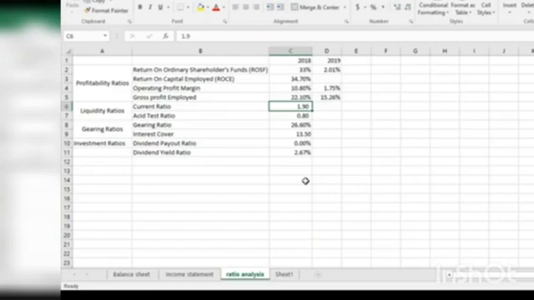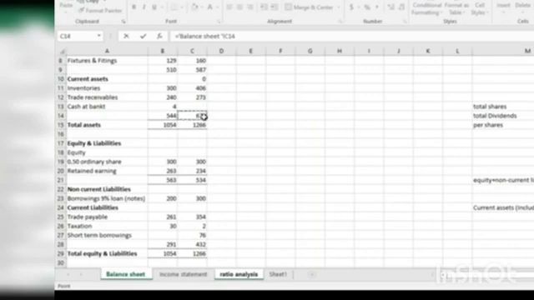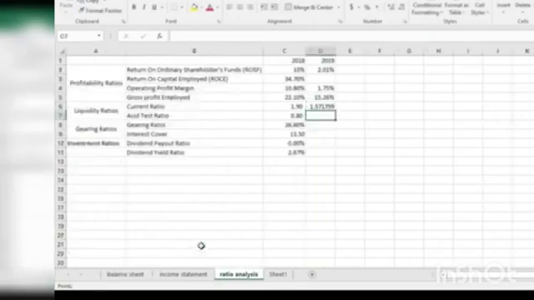We find the current assets in the balance sheet, which are 679, divided by current liabilities, which are 432, then enter. We will have the answer of 1.5718.